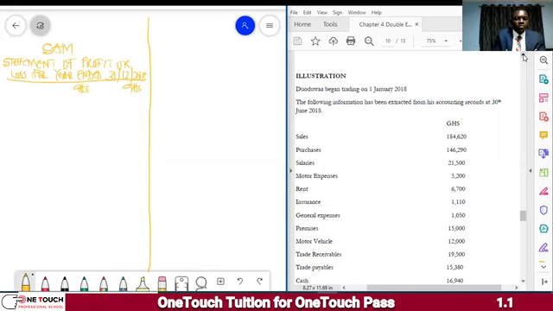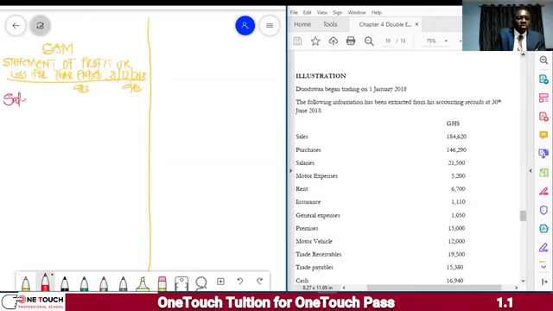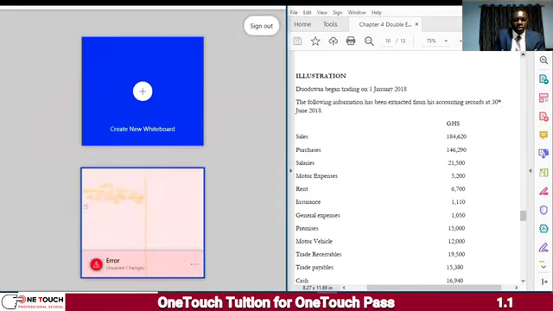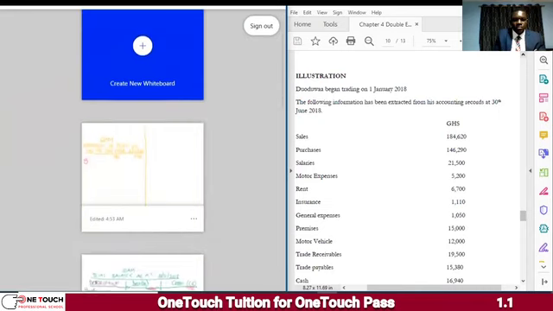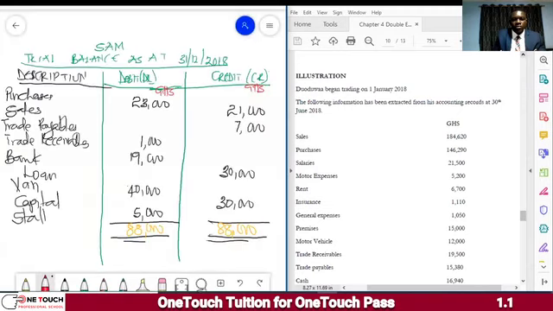Good. So here I have my sales. Now from the question or from our trial balance, what was our sales? Our sales was 21 thousand. It was 21,000.